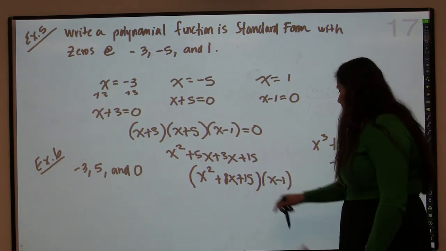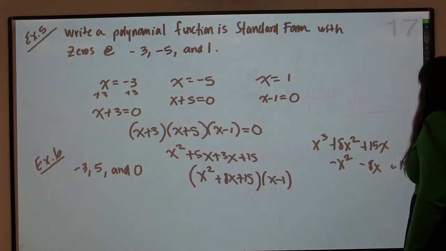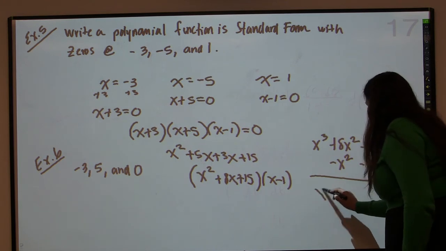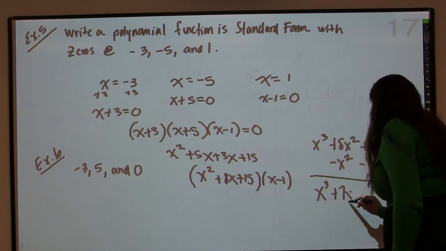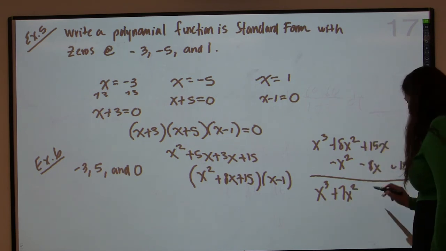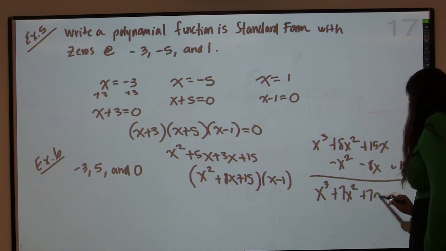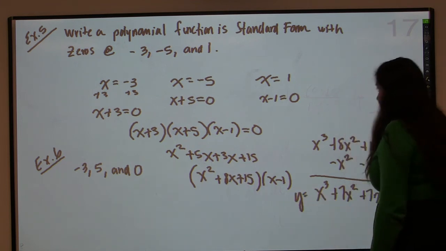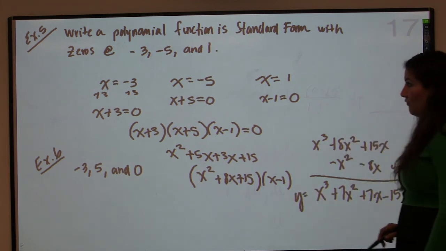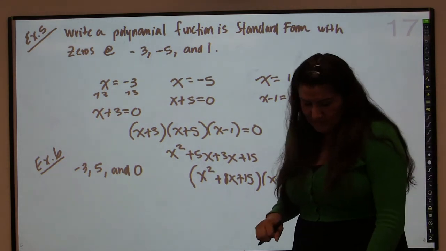And negative 1 times 15 is negative 15. Combine all those, and I get x cubed. 8 minus 1 is 7x squared. 15 minus 8 is 7x and minus 15. And this is now my polynomial function in standard form with those given zeros.